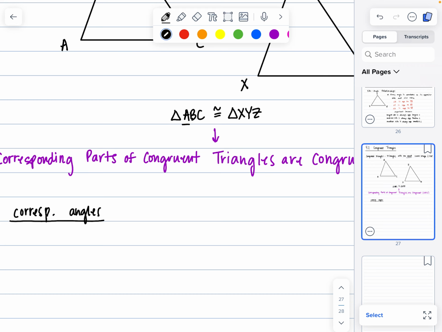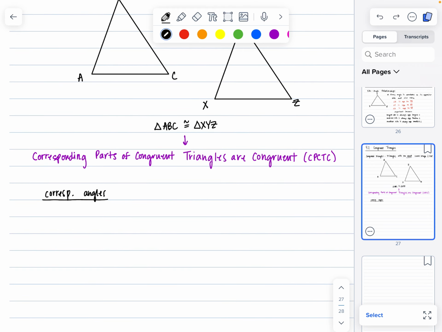We could say A is the first letter and X is the first letter, which means those are the respective angles that are congruent. Angle A will be congruent to angle X no matter what the angle is. So if I put, for instance, this was 50 degrees, then angle X by default has to be 50 degrees based off their position or the name of the triangle.